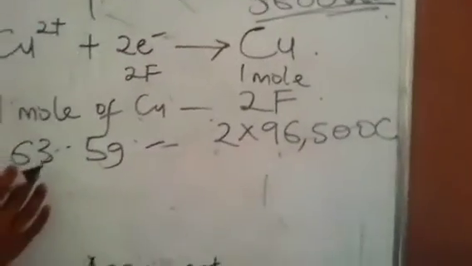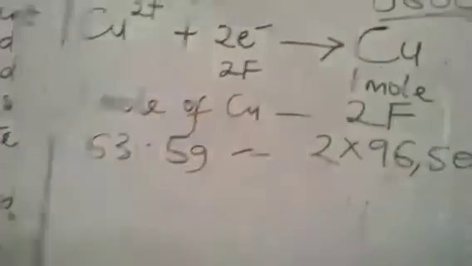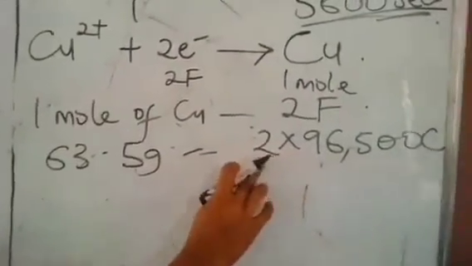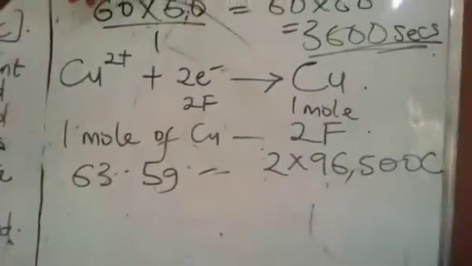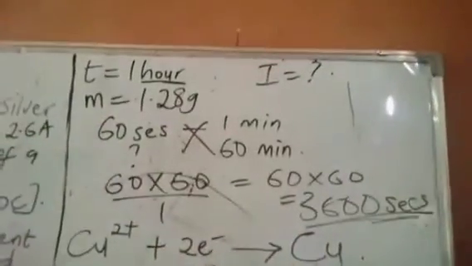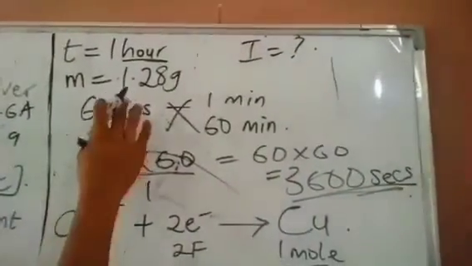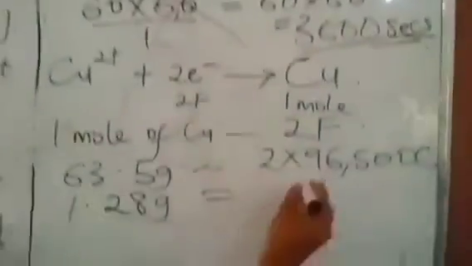So if 63.5 gram, 1 mole of copper, actually formed 2 Faradays, 2 times this, what's the quantity of electricity that will be formed using 1.28 gram? Remember, we are given 1.28 gram. That is what we are going to be working on.